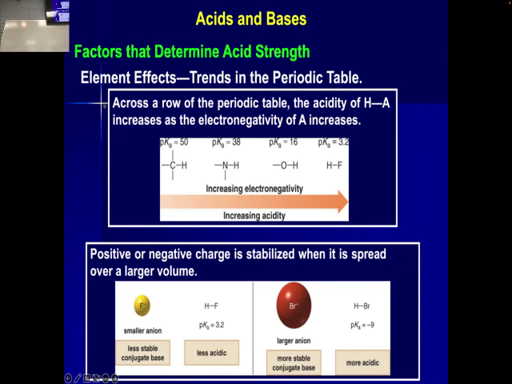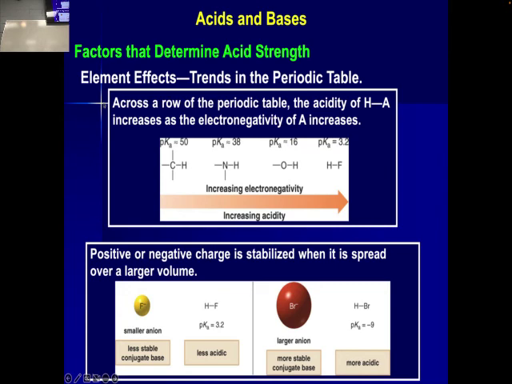It does. So what I have to do is look at the anions, at A minus. The A minus here is carbon with a negative charge, here it is nitrogen with a negative charge, here it's oxygen with a negative charge, and here it's fluorine with a negative charge.